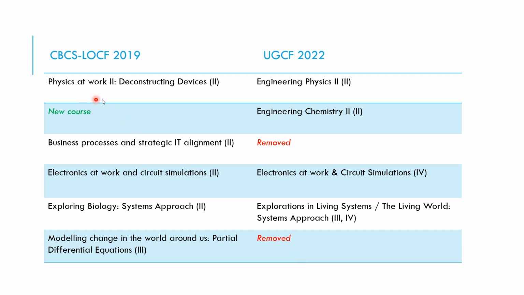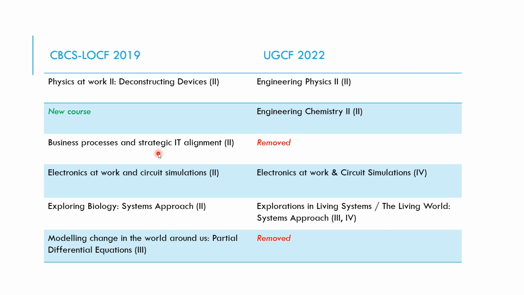And we had earlier Physics at Work 2, Deconstructing Devices in semester 2, rebranded as Engineering Physics 2 here. And Engineering Chemistry 2 is again a new course. Now from here, these three were also compulsory in semester 2 earlier, by the way, not electives.